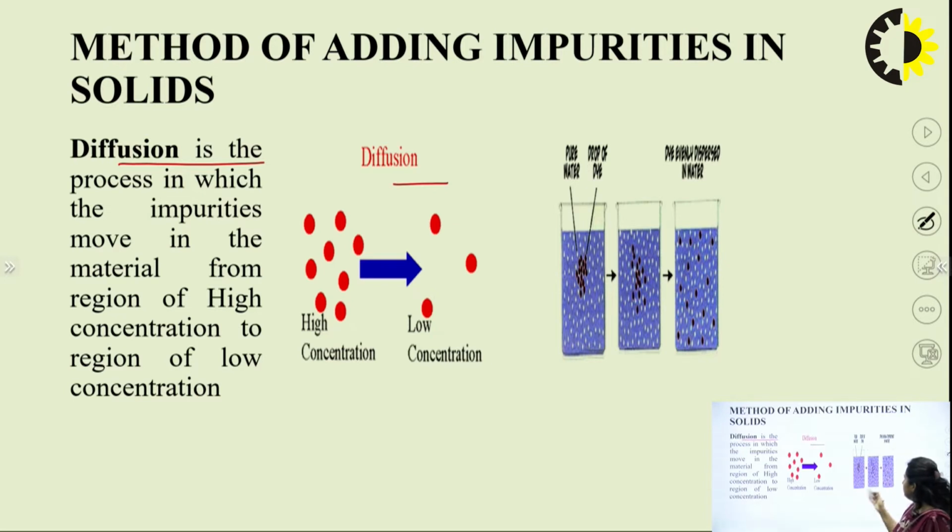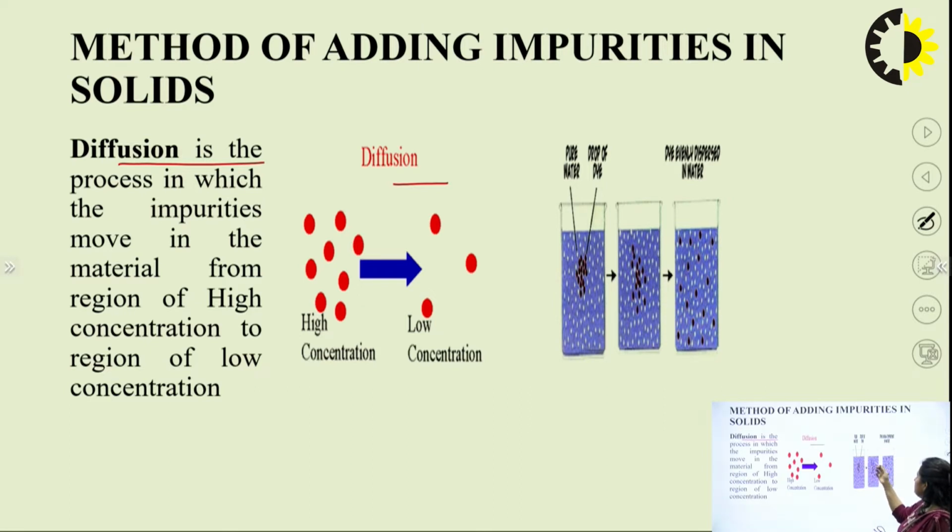The second figure shows glasses with pure water and a drop of dye. Pure water has low concentration, but when you drop in a dye, it has a higher concentration. So the dye evenly disperses in the water.